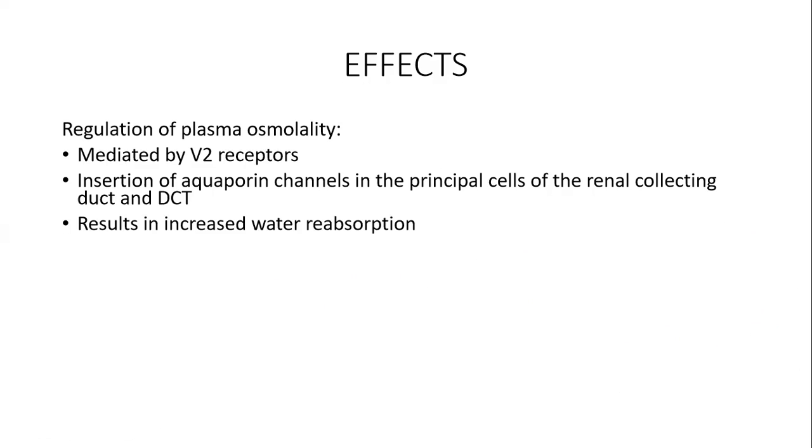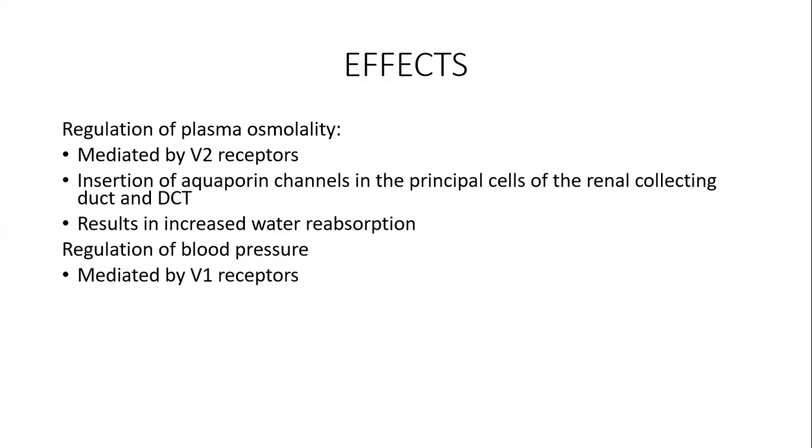Another way ADH can exert its effect is through regulation of blood pressure. However, this is mediated by V1 receptors. Now, for V1 receptors, again we have a G protein coupled receptor that is going to be stimulated, the Gq protein.